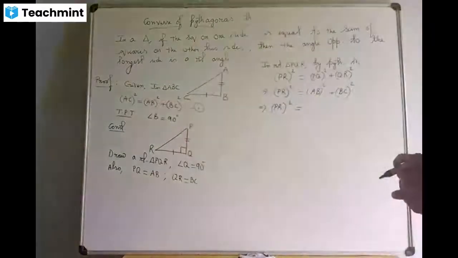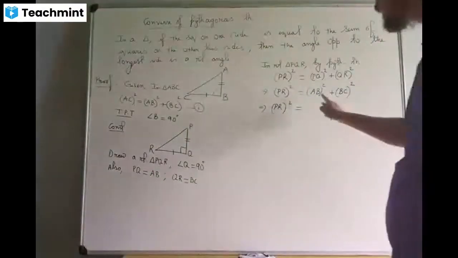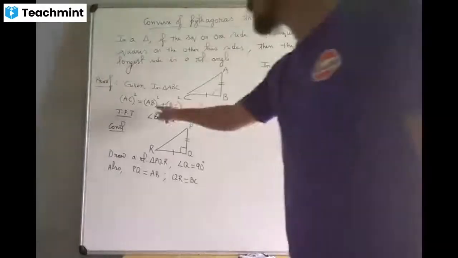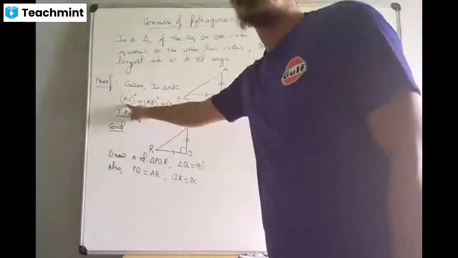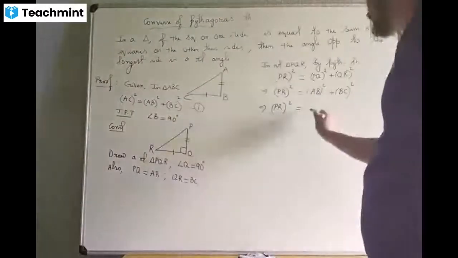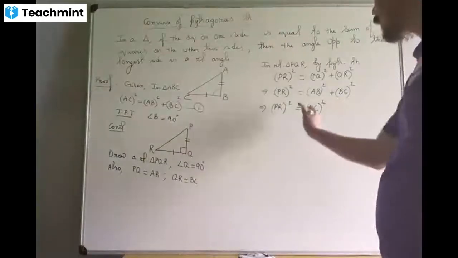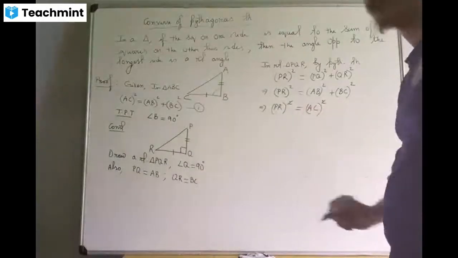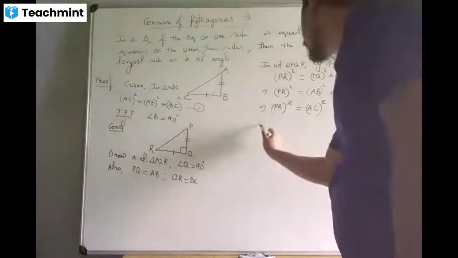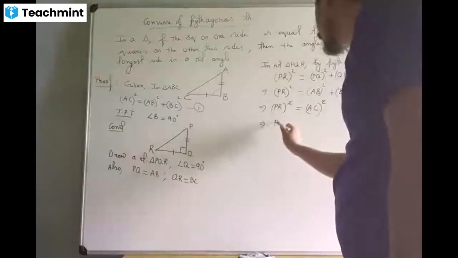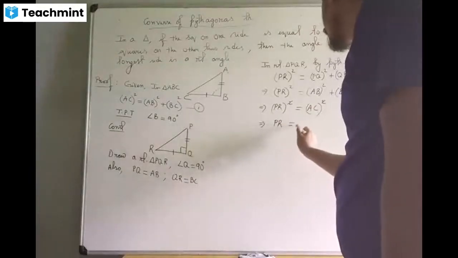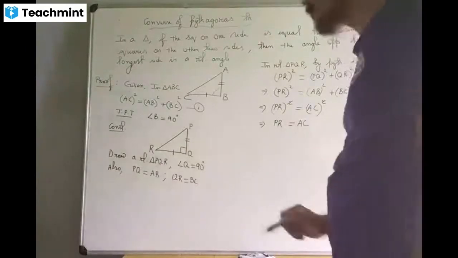So using equation 1, AB square plus BC square will always give you AC square. Is it okay? That is what we can write here. Now we can cancel out the squares from both sides. So what do we get here? PR must be equal to AC.